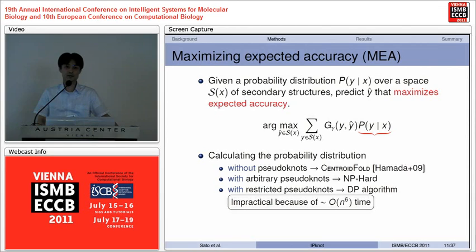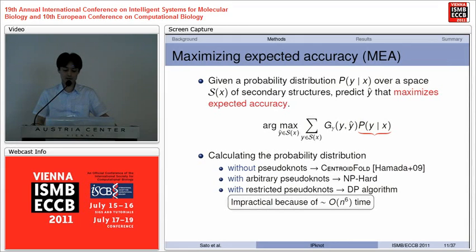For the probability distribution without pseudoknots, we have already implemented this methodology as CentroidFold, which is one of the best prediction tools of RNA secondary structure without pseudoknots.